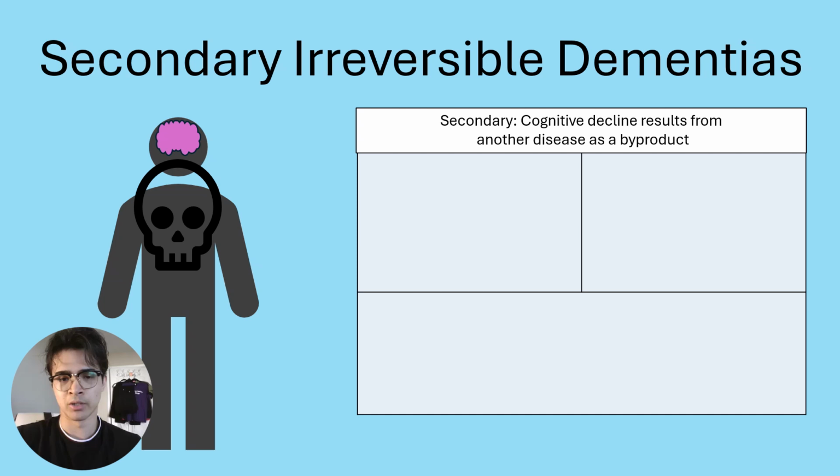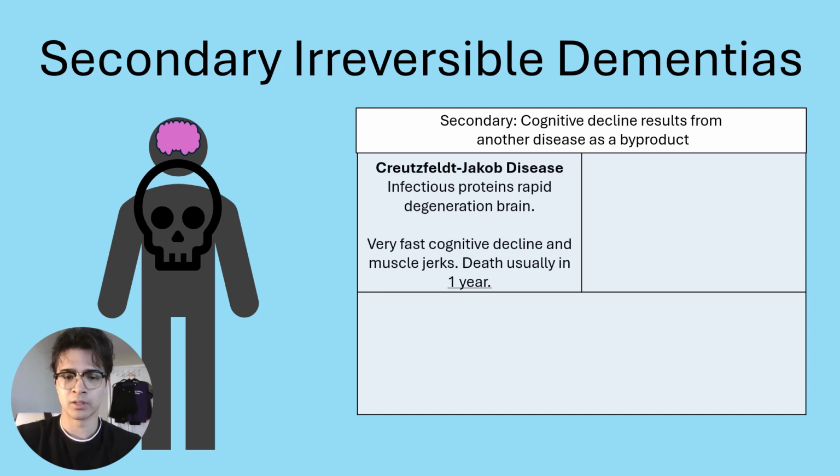So now we're going to talk about secondary irreversible dementias. The difference between a primary and secondary dementia is that secondary dementias have their symptoms and cognitive decline as a result of a different disease instead of it being its primary trait. The first disease is Creutzfeldt-Jakob disease.